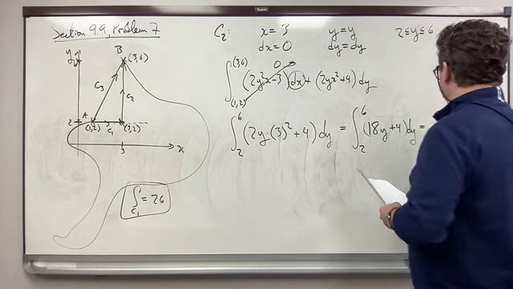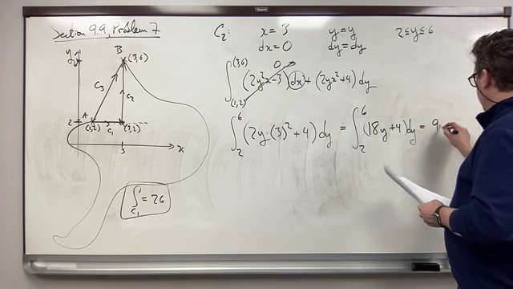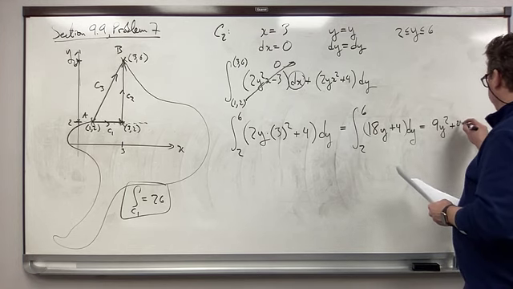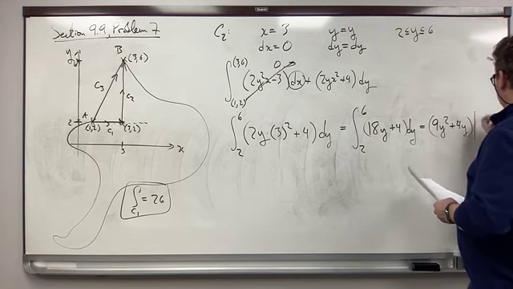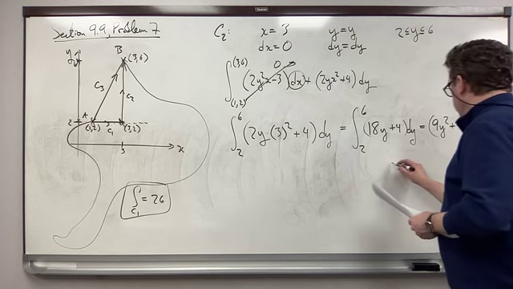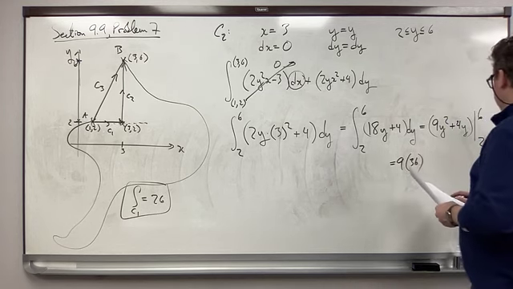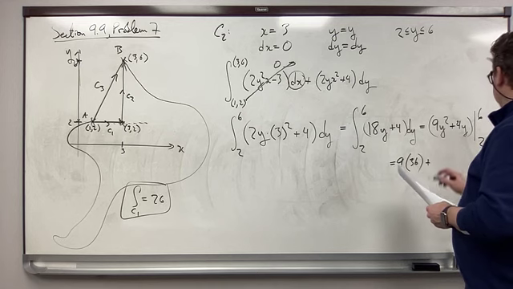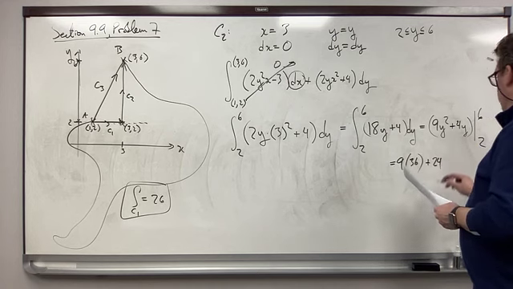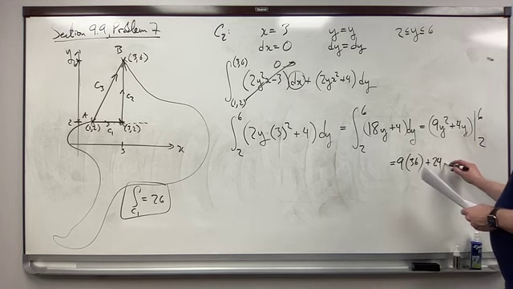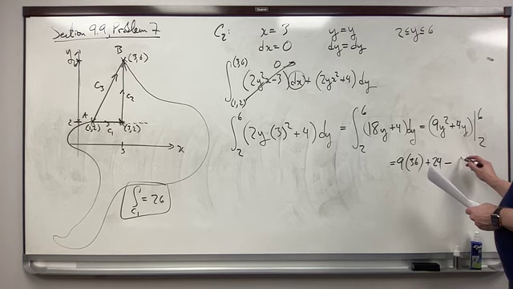Okay, so this is 9y squared plus 4y, evaluated from 2 to 6. So this becomes 9 times 36 plus 24, minus 9 times 4 minus 8.